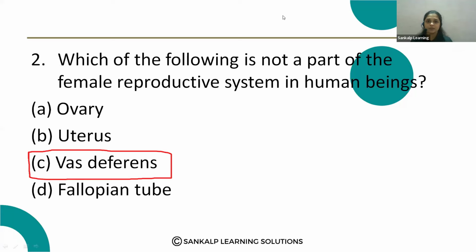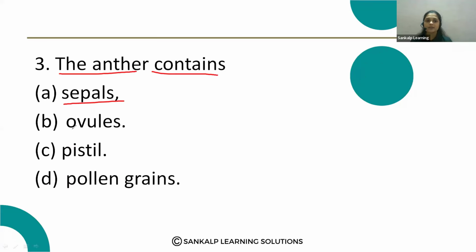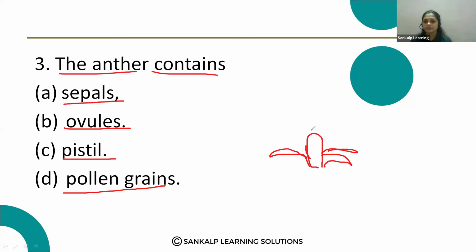Question number 3. The anther contains sepals, ovules, pistil, pollen grains. If you draw the diagram of the flower, just imagine this is the flower.